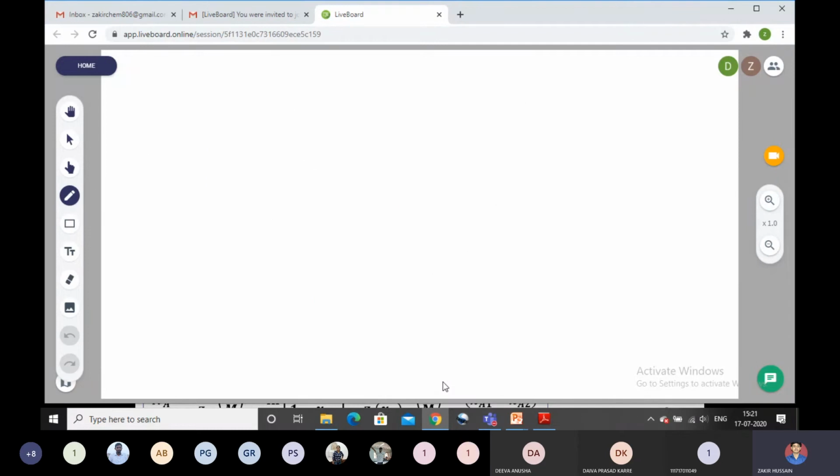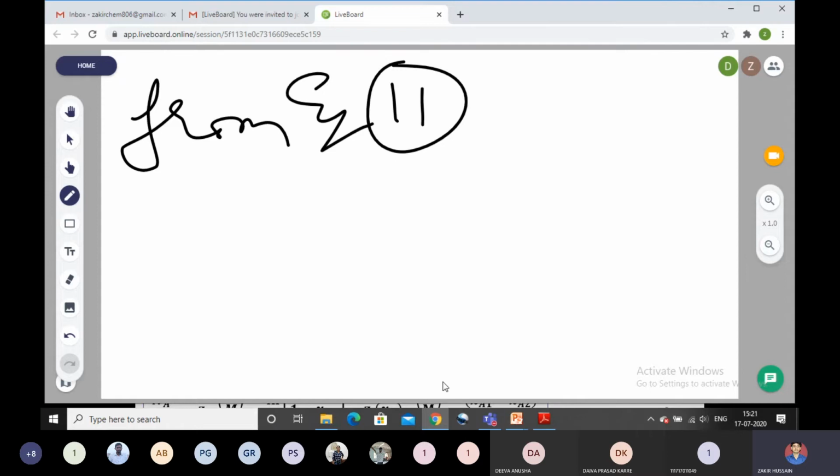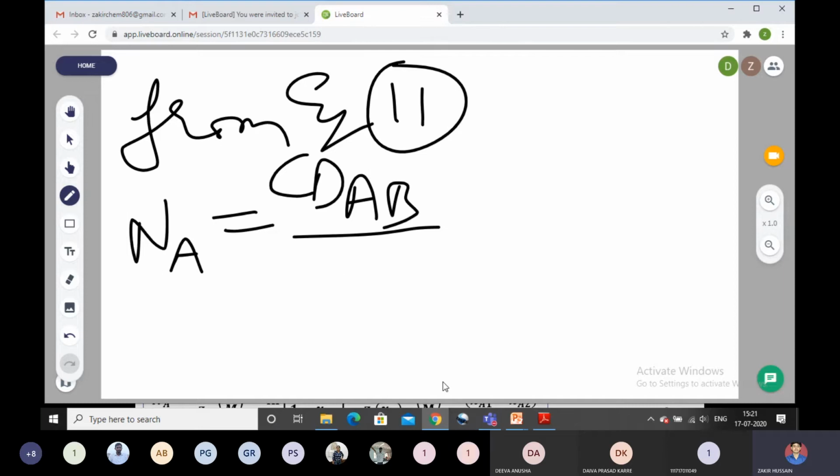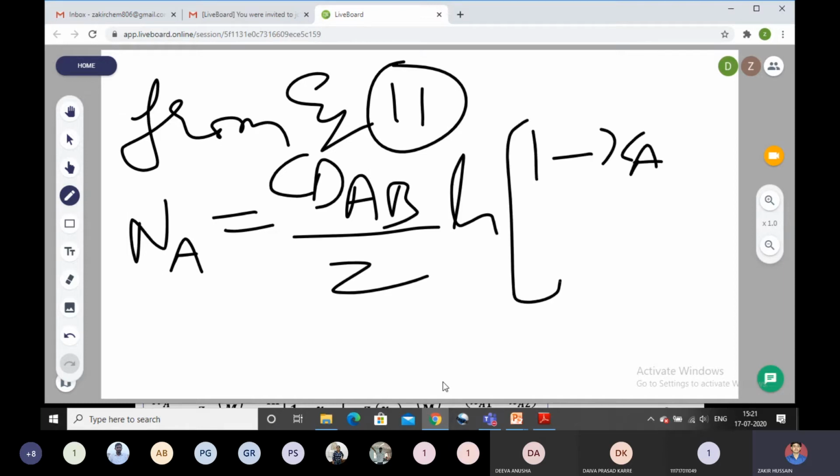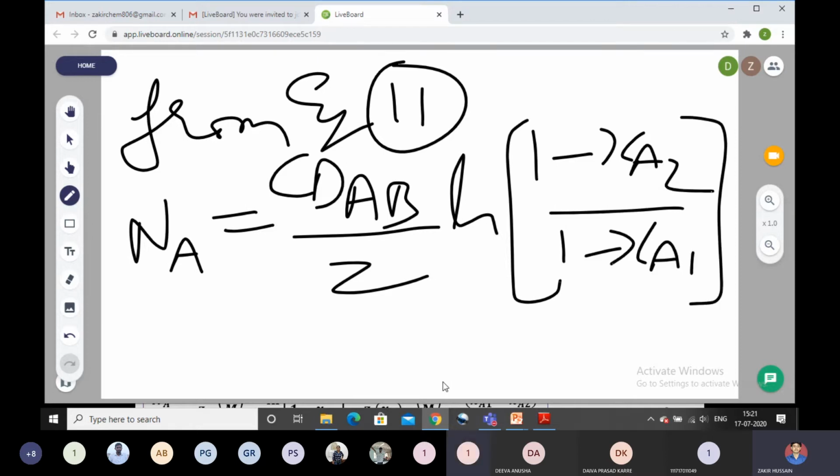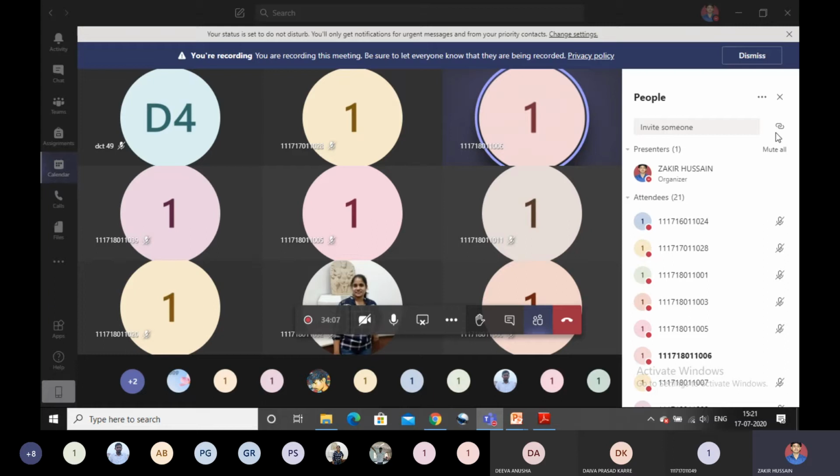From equation 11, I am writing that equation here once again. NA is equal to C DAB by Z into ln of (1 minus XA2) by (1 minus XA1).